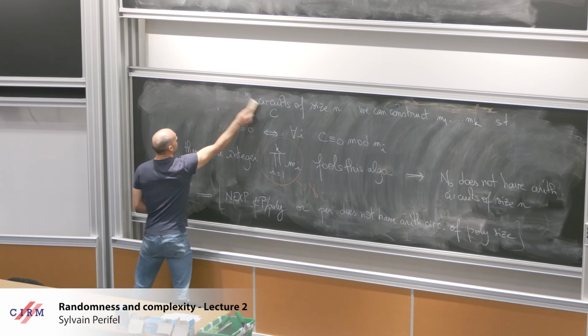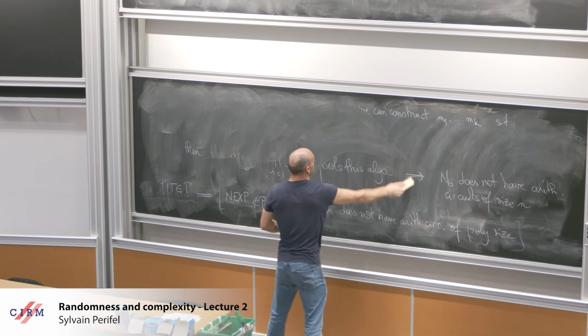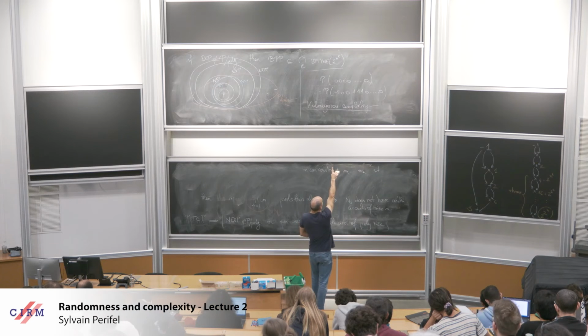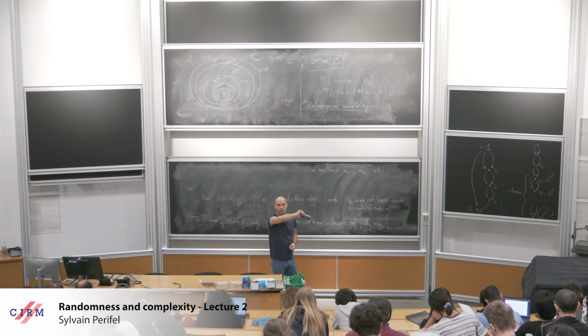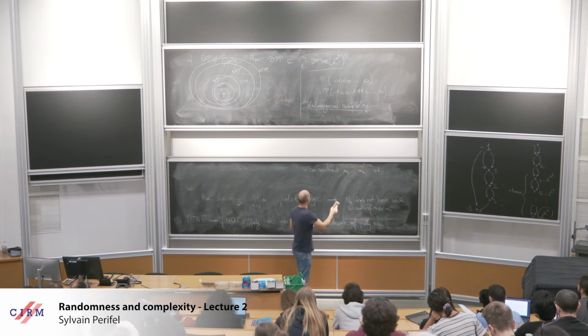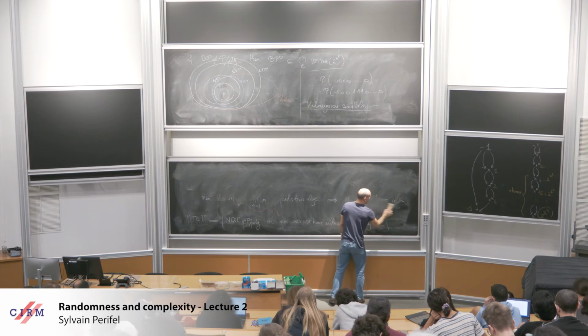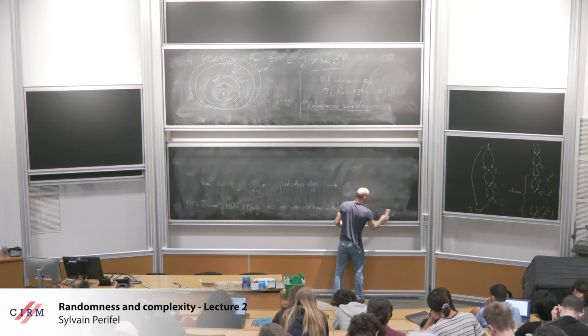Okay, so definition, what is the Kolmogorov complexity of a sequence? You will see that the Kolmogorov complexity of the first sequence is very small, okay? And the Kolmogorov complexity of a random sequence, true to what we have in mind by random, will be high. So that's the way we can define randomness, actually.